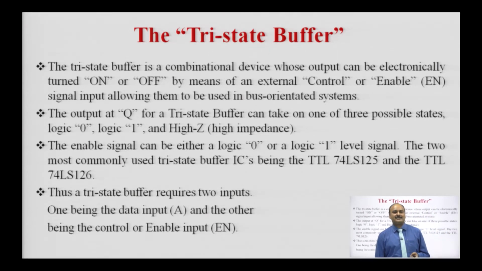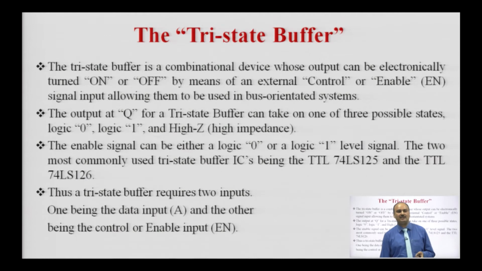In a tri-state buffer, generally the buffer has 2 inputs, that is input A and the enable input. This enable input is either logic 1 or logic 0, depending upon whether the buffer has an active low enable signal or an active high enable signal.